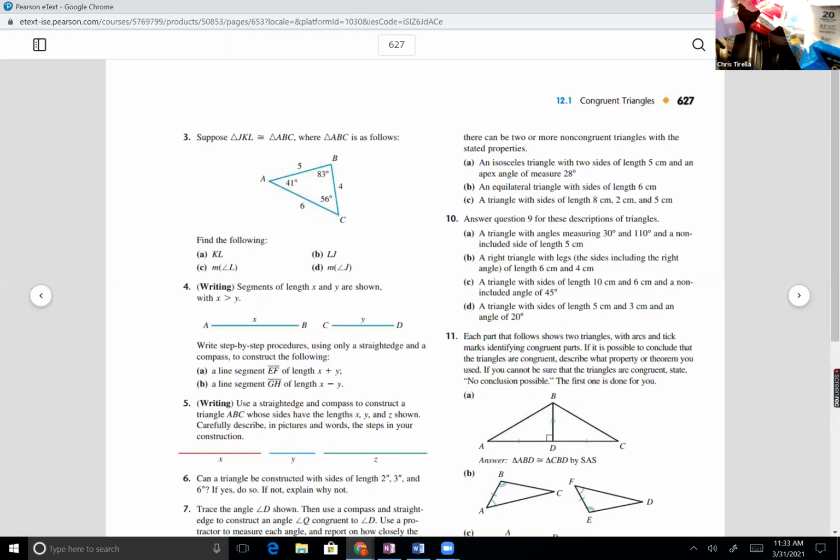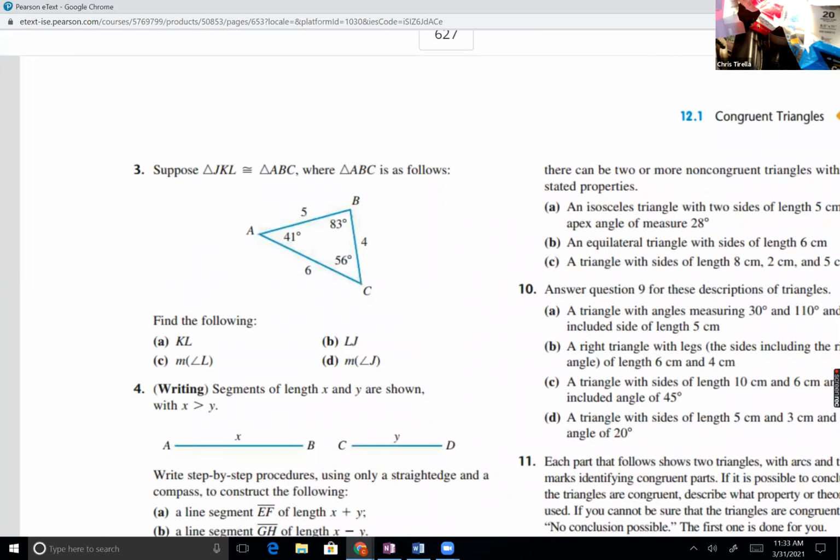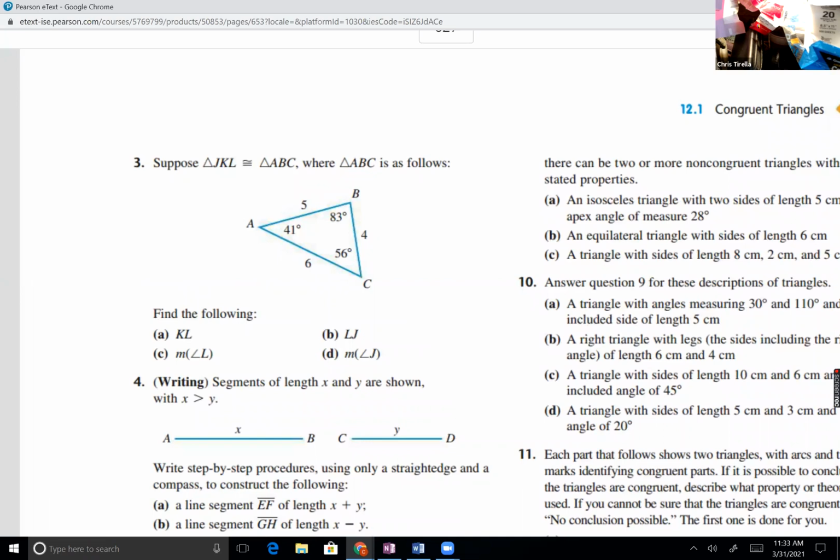So it says, suppose triangle JKL is congruent to triangle ABC. And this is triangle ABC. Remember, we had said that when you name congruent triangles, the vertices have to correspond.